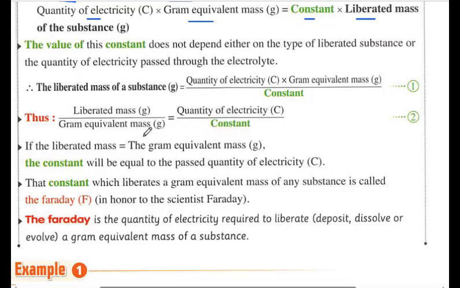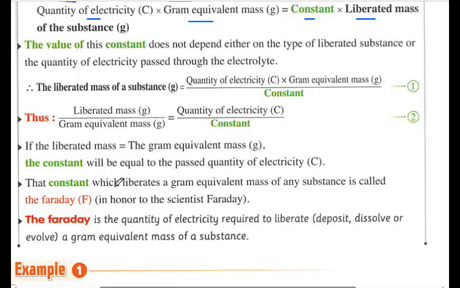So what will happen when the liberated mass of the substance equals the equivalent mass? In this case, this ratio equals 1, and the quantity of electricity will equal the constant. So the constant will equal the quantity of electricity required to separate or deposit one equivalent mass of the substance. So what is this constant?